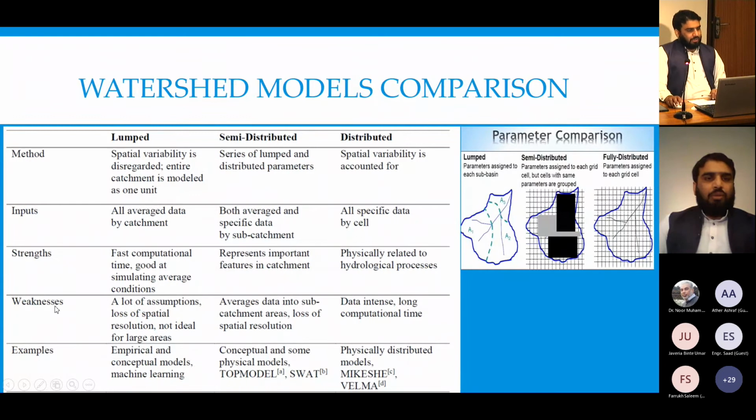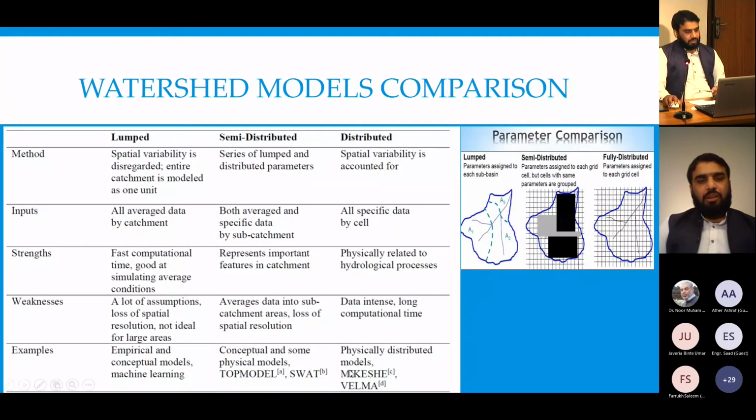The weakness is that in a lumped model we have to assume a lot of things, as every part of the catchment could have different specifications and different hydrological responses. So in this lumped model, we have to assume that the whole catchment has the same hydrological response.